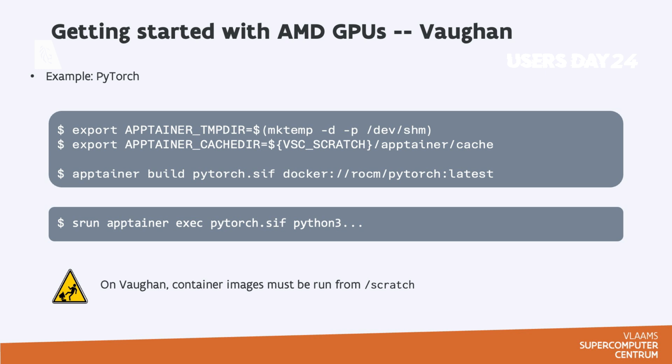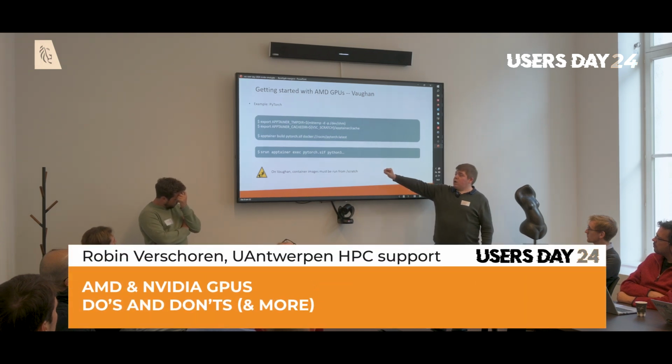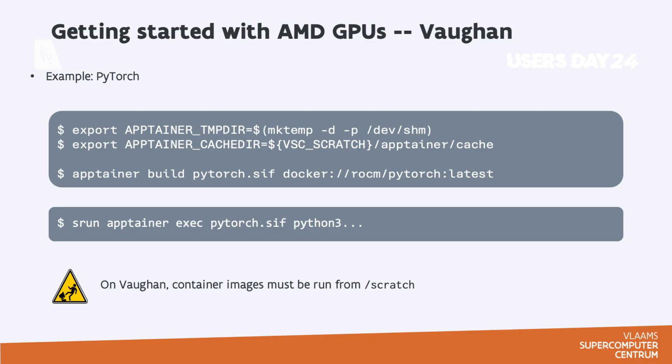The third line here just explains the Apptainer command itself: build a specific container named pytorch.sif, and we pull directly from the Docker Hub to convert that container towards an Apptainer format. And then in a job script, you can put this line to run Apptainer through srun if you use Slurm, and execute a specific Python script calling the PyTorch library through Python 3 within the container.